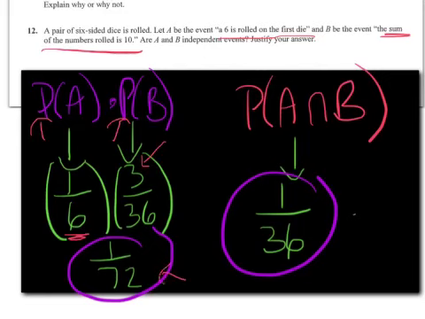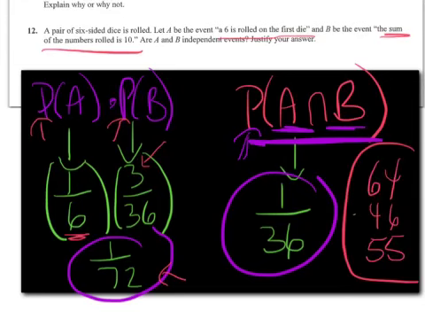Now the difference is this. When you do this second test right here, notice there's only 1 P. They want 1 probability. They want 1 fraction. So go back to your data set of the 6-sided die rolled twice, so 36 outcomes, and count all of them such that a 6 is rolled on the first die and, at the same time, the sum of the numbers rolled is 10.